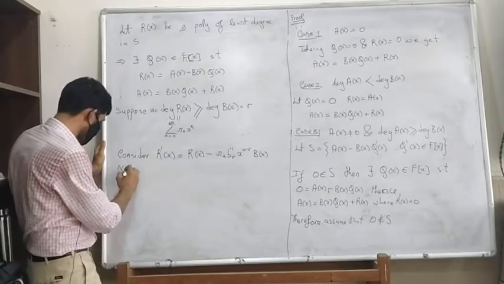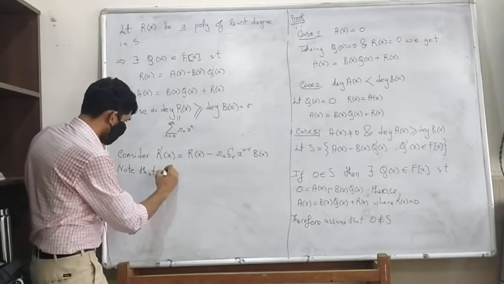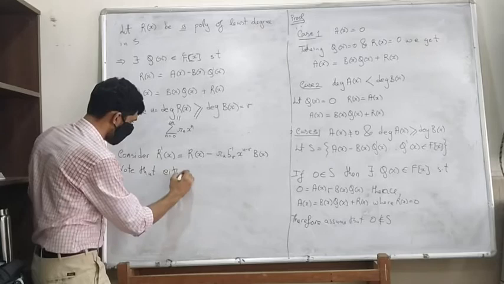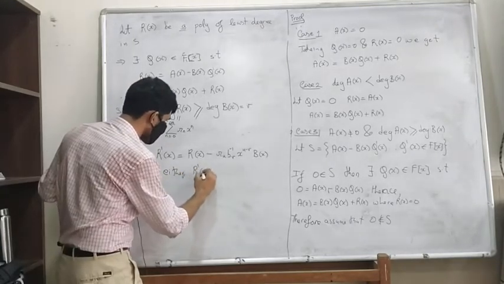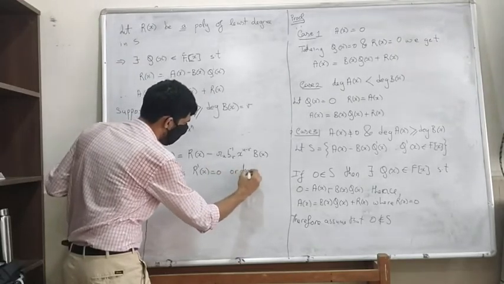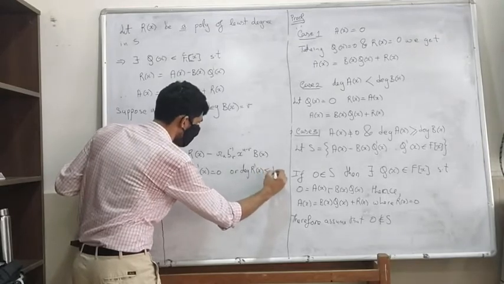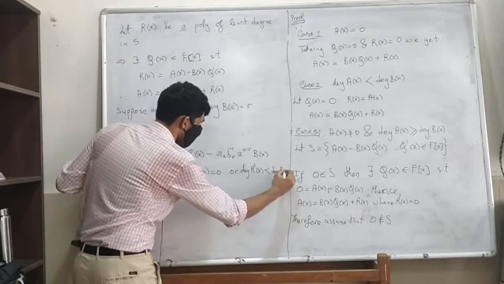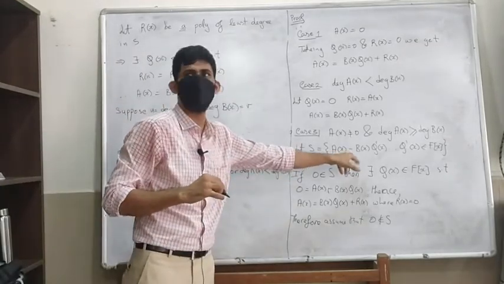So notice that, this is from the previous exercise, either your r prime of x is 0 or the degree of r prime of x is strictly less than the degree of r of x. Why is it not okay for an element of this set to have degree less than r of x?